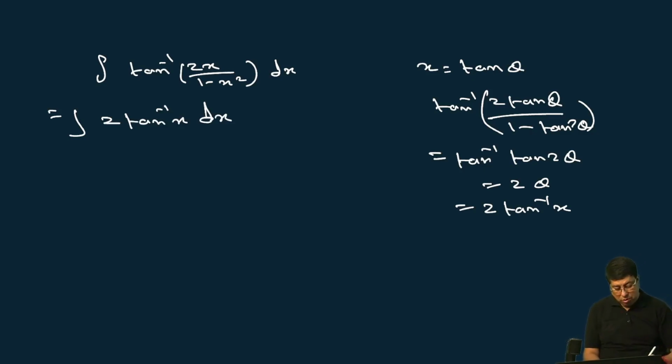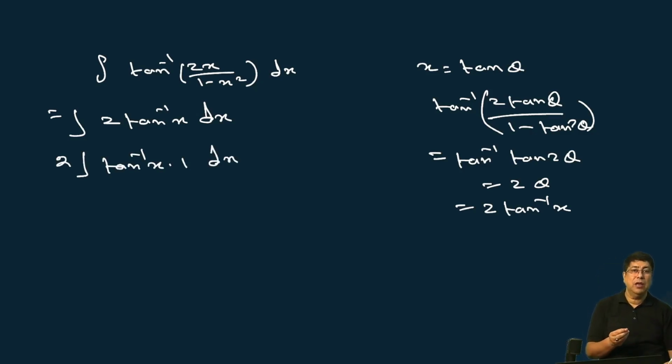Now 2 is outside, tan inverse x into 1, and in case of once again that ILATE formula, tan inverse x is the first function and 1 is the second function.